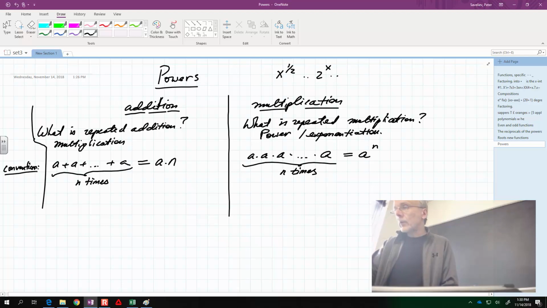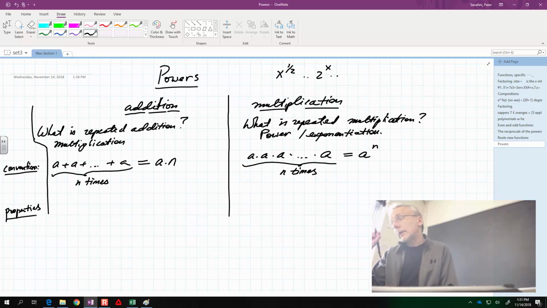What we do from here is look at properties of this operation, remembering that multiplication is nothing but repeated addition.